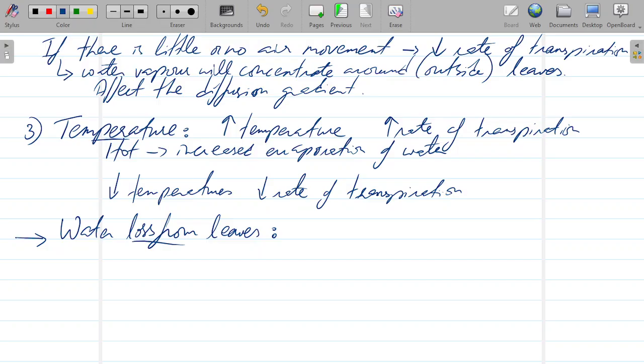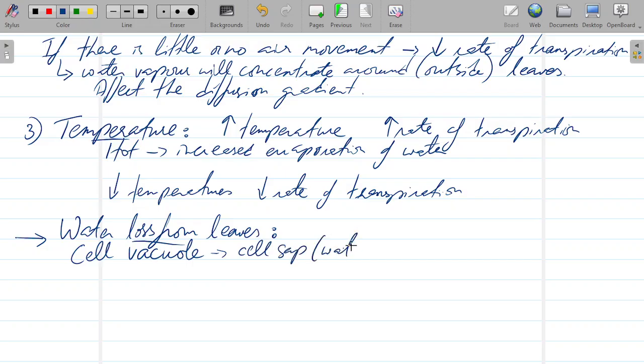All right. So if you recall, when we talked about osmosis, the vacuole is filled with cell sap, which is a lot of water and other stuff. So you have the cell vacuole that has the cell sap.